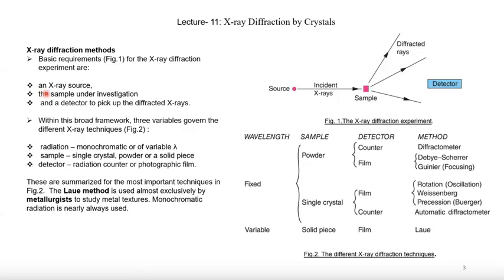So we need an X-ray source, we need a sample under investigation, and a detector to pick up the diffracted X-rays.